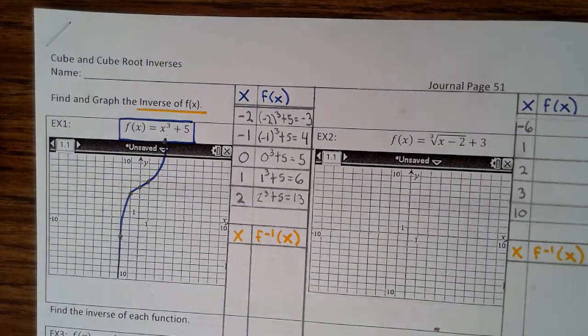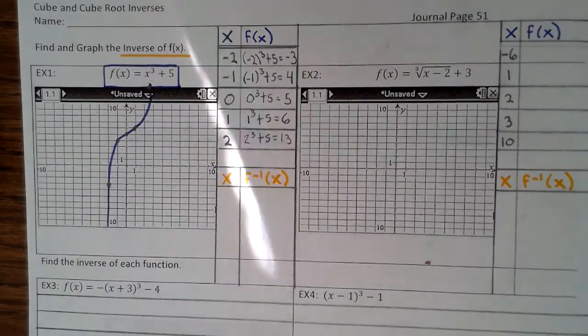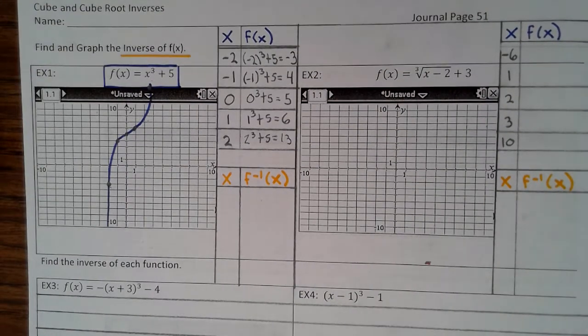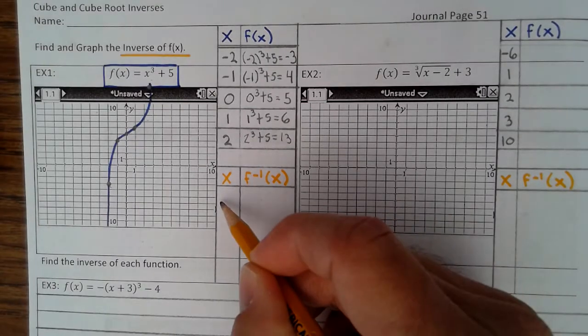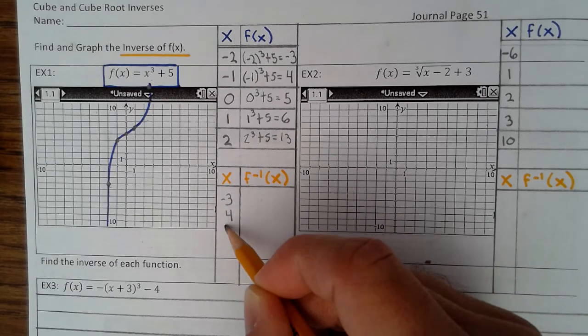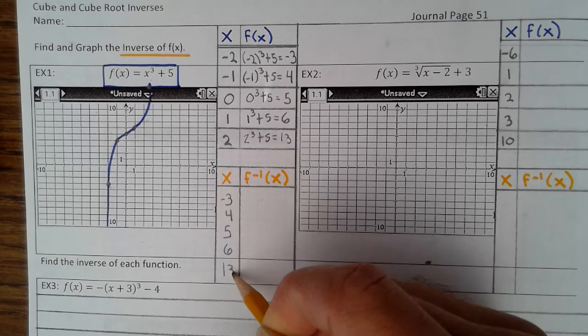Okay. Now that you've graphed f of x, finding the inverse is simple. You just switch the x and y. So the new x values are -3, 4, 5, 6, and 13.